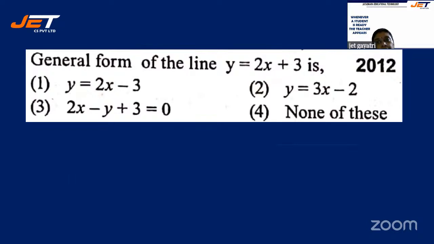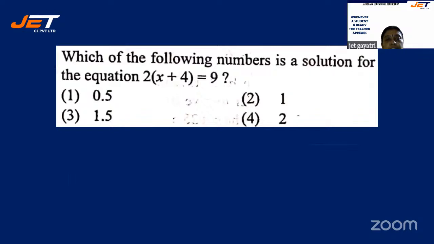I'm sure by now you would have got the answer. It is option 3, where it should have x, then y, then a numeral, right? So 2x minus y plus 3 is equal to 0. Now let's move on to the next question.